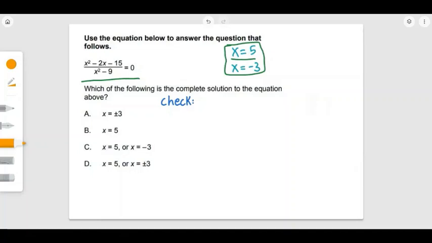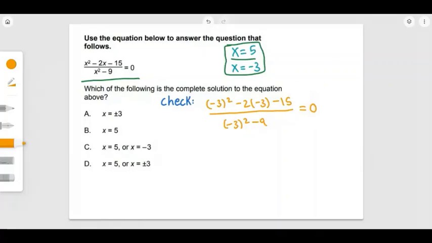We're going to do the same, substituting negative 3 for all the x's in the equation. So it's going to be ((negative 3)^2 - 2 times negative 3 - 15)/((negative 3)^2 - 9) = 0.